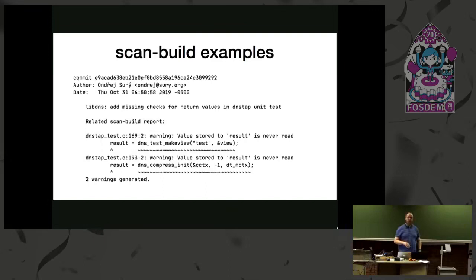This is just one of the commits, because we try to be more verbose than just 'fixed bug' in the commit messages. So this includes the real reports from scan-build, and it finds little stuff. The bind code base is quite good regarding scan-build. So it found small stuff, like the result is never used, and so we fixed that, obviously.